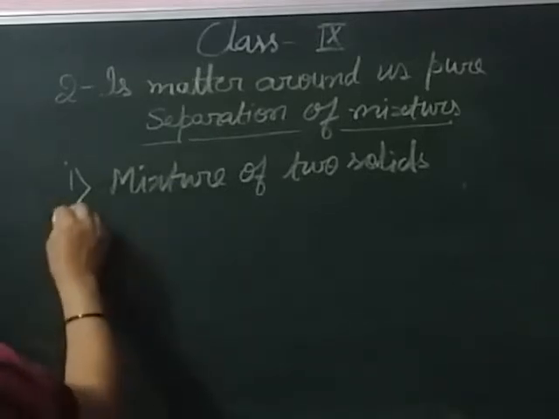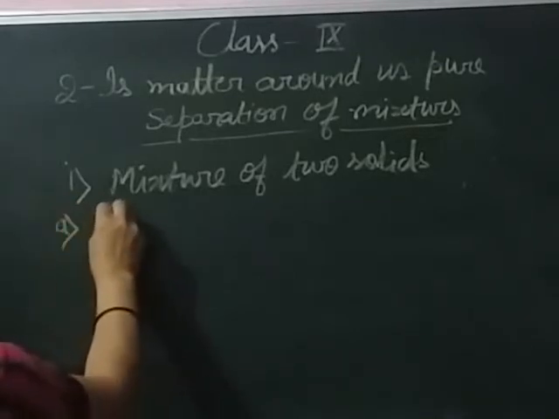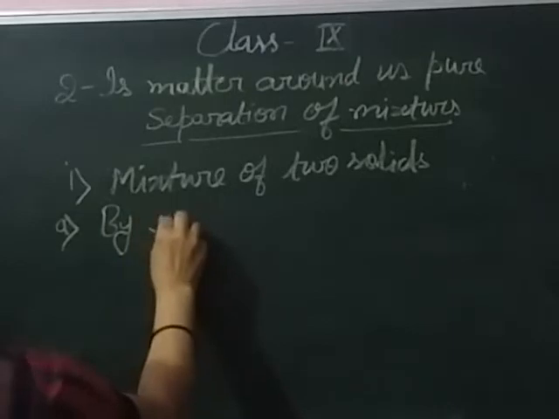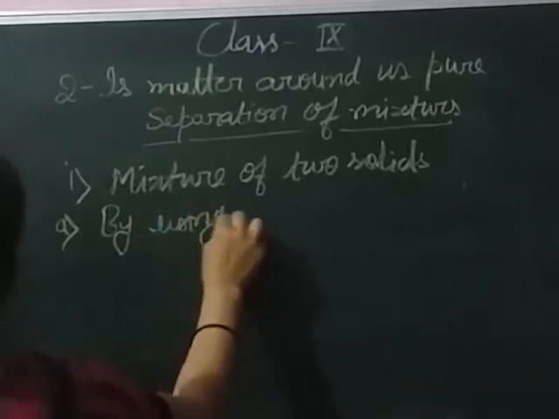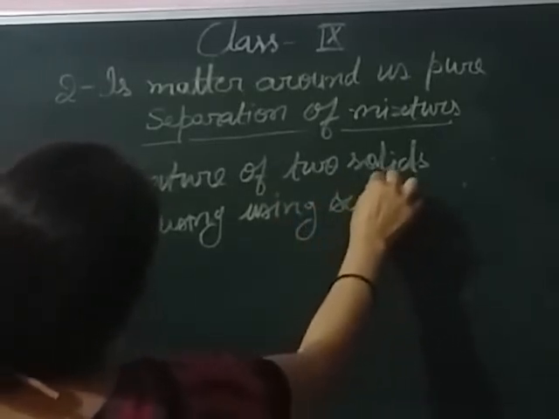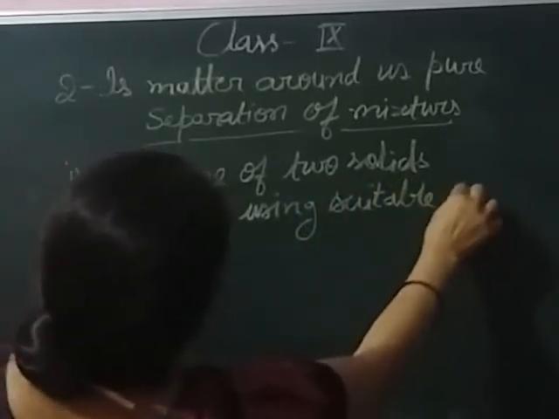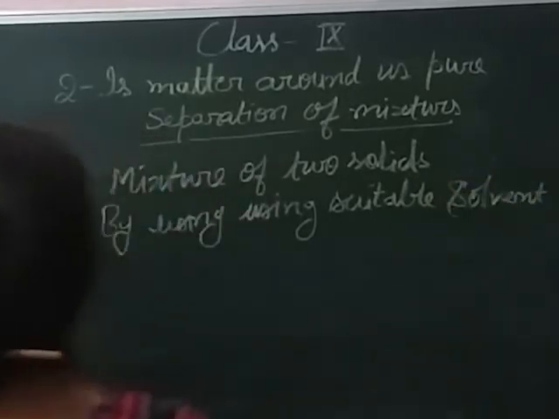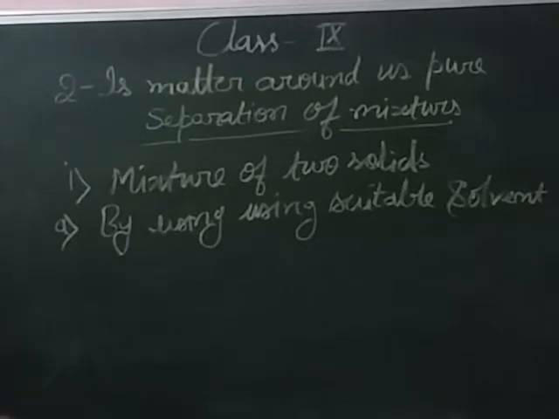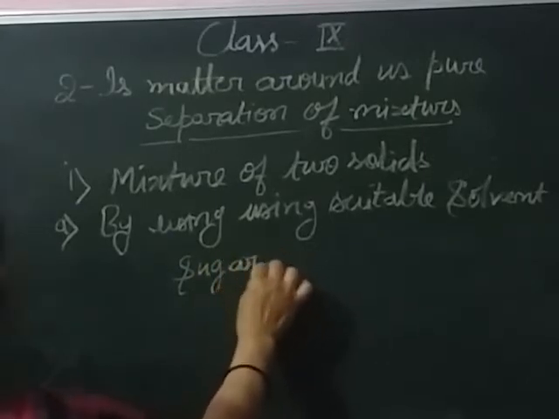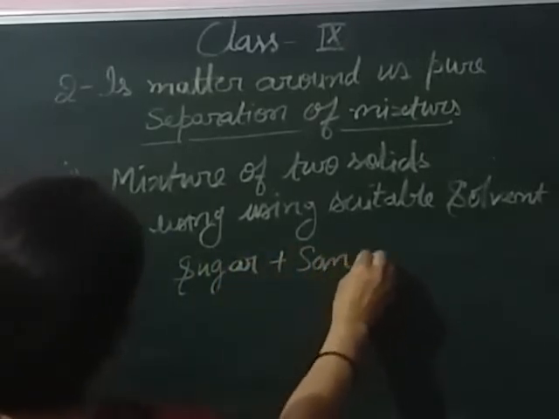A mixture containing two solid substances can be separated by one of the following methods. First is by using a suitable solvent. In this method, we take the example of sugar plus sand.